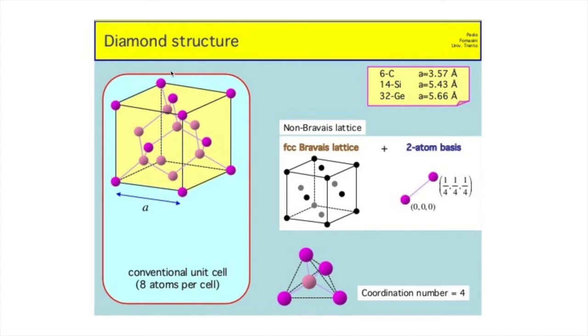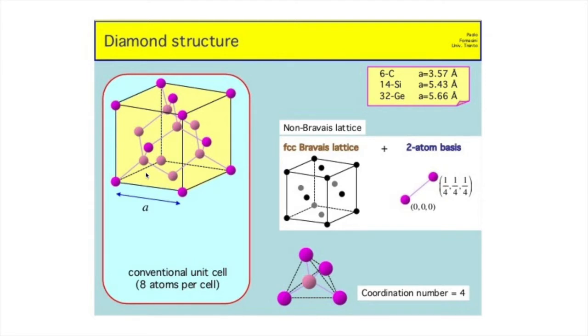So we have points on the vertices, we have points in the face centering position, so on all the faces, but we also in addition have these points, and they're of the type 1/4, 1/4, 1/4. So they're in these quadrants, so to speak, of the structure.